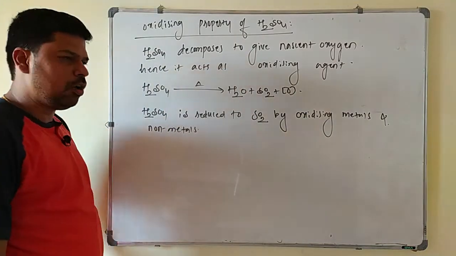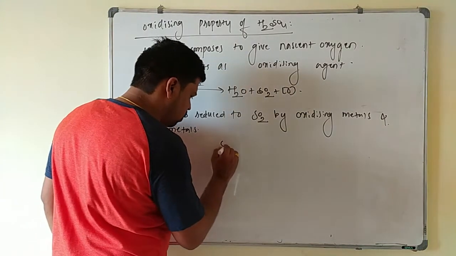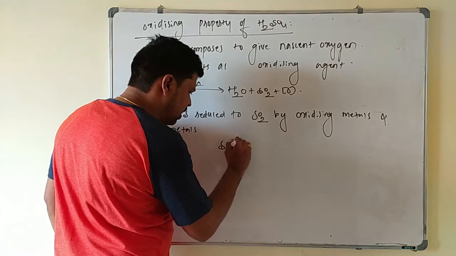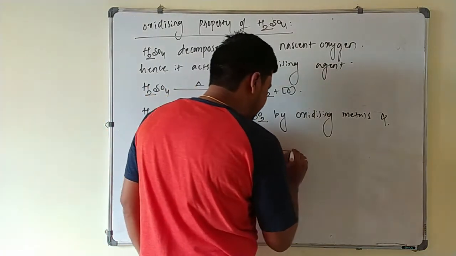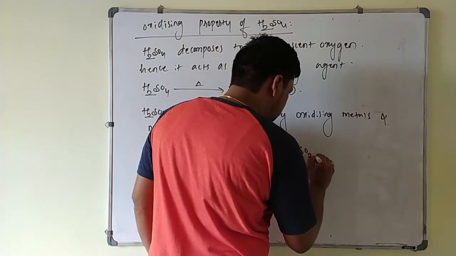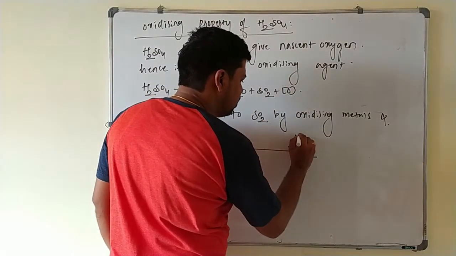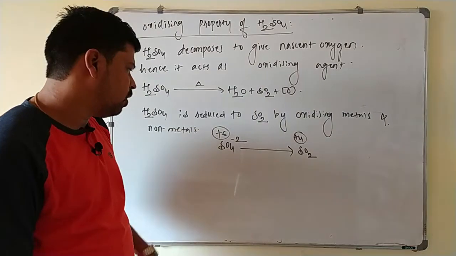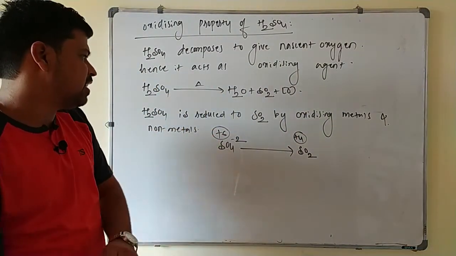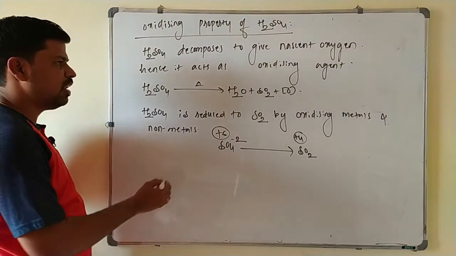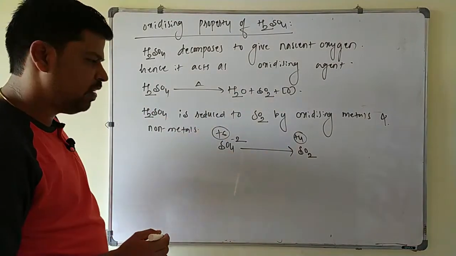In H2SO4, the sulfur is in the form of sulfate, where the oxidation state of sulfur is +6. It will be reduced to SO2 in each reaction, where the oxidation state of sulfur is +4. That's why it undergoes reduction and acts as the oxidizing agent here.